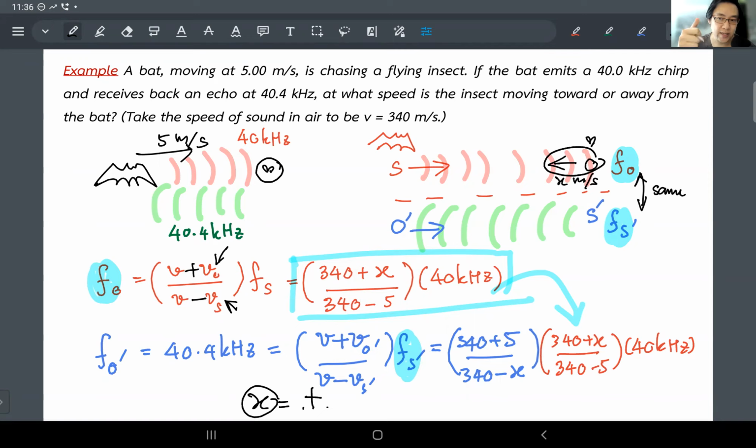Okay, make sense? However, if I get this x to be a negative number, it's just saying that the velocity of the insect is supposed to be opposite. So in that case, the insect will travel to your right. So this one you can assume left or right, up to you. Okay, does that make sense?